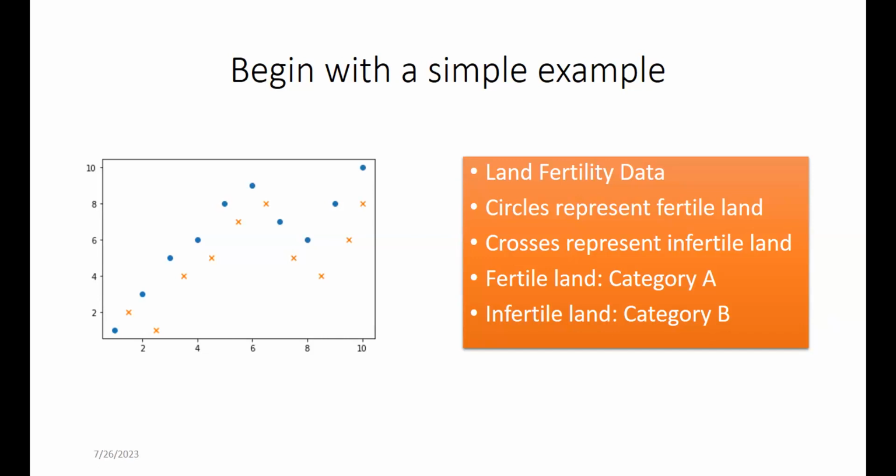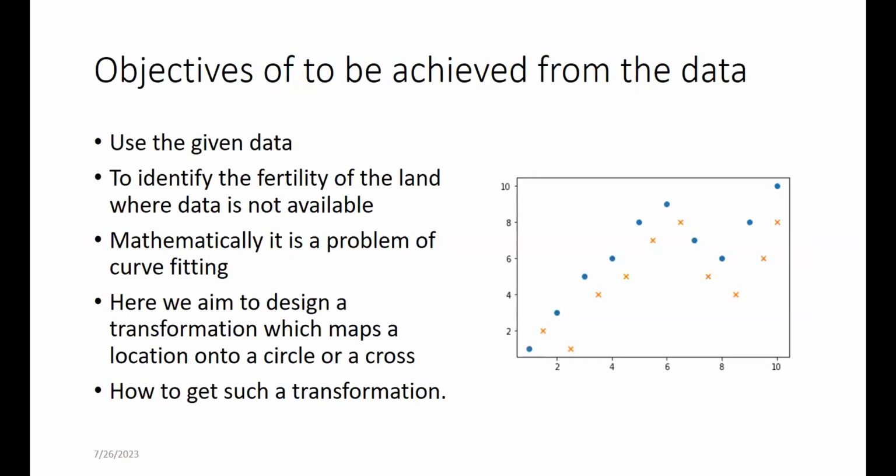So this is the simple problem of classification, where the entire data set has to be classified into two categories: category A fertile and category B infertile. So what objectives do we want to achieve from this given data of fertility and infertility of soil?